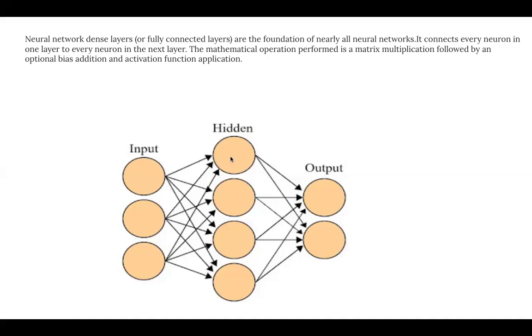So this one is connected to all the neurons in the previous layer. This one is connected to all the previous. That way, this is called a dense layer.